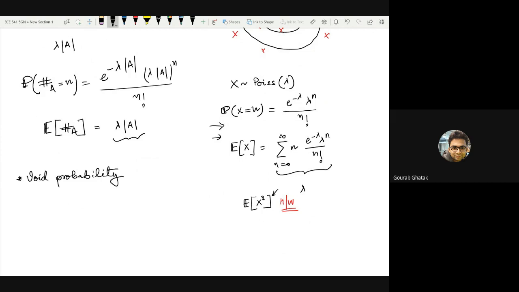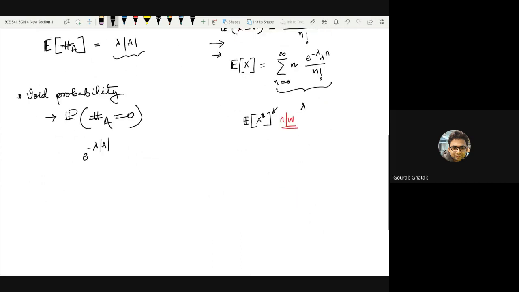Informally, it simply means the probability that the number of points inside some set A is equal to 0. So that's what you had to find in the second part of the question. If you simply substitute n equal to 0 in the PDF, you directly get the probability as e to the minus lambda times the area of A. These two questions, I think almost all of you have gotten correctly.